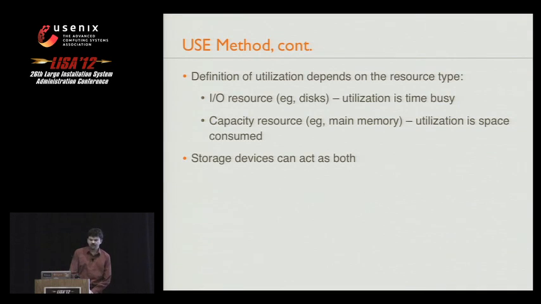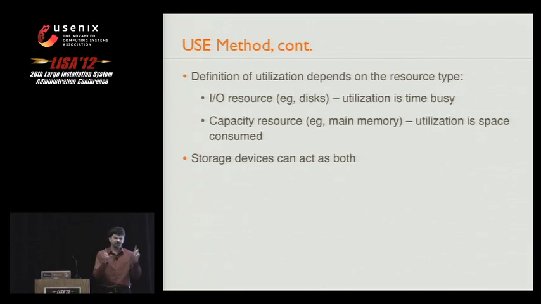The definition of utilization depends on the resource type. So I mentioned this, but for I/O resources, disks, utilization is the time they were busy. I can spend a lot of time talking about how blurry that can be for some types, which might be obvious.